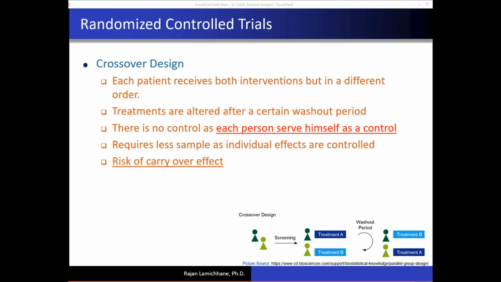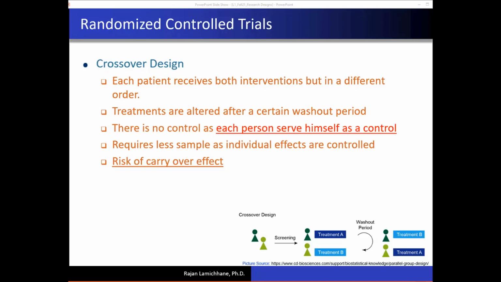In crossover design, each patient receives both interventions but in different order. First, individuals are screened, then they are assigned to the different treatments, and then after some time we stop those treatments and we wait for the effect of the previously assigned treatment to be washed out, and after that washout period we alter the treatment.